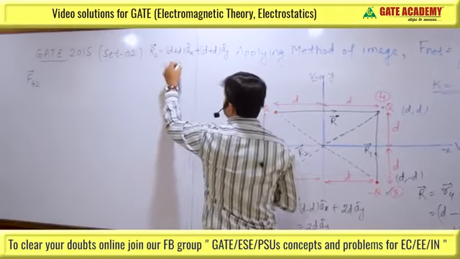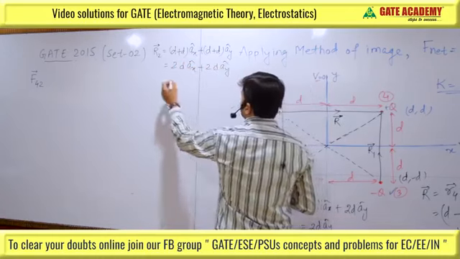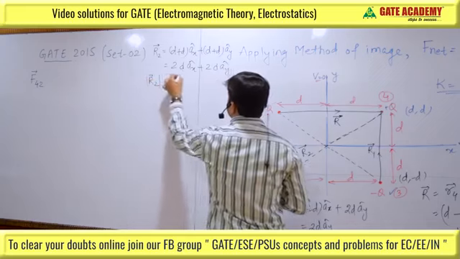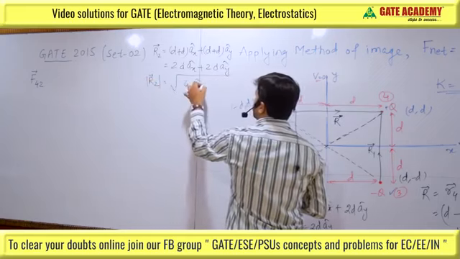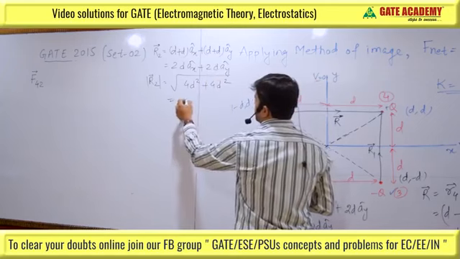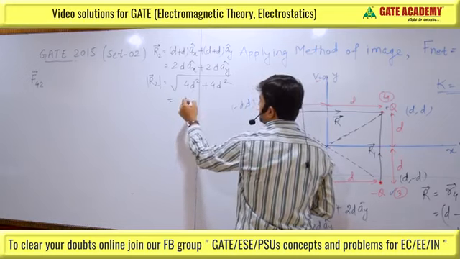So this is 2d ax and 2d ay, and its magnitude will be root over 4d square plus 4d square. This is d root 8.